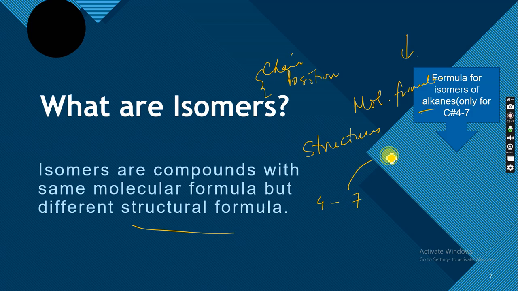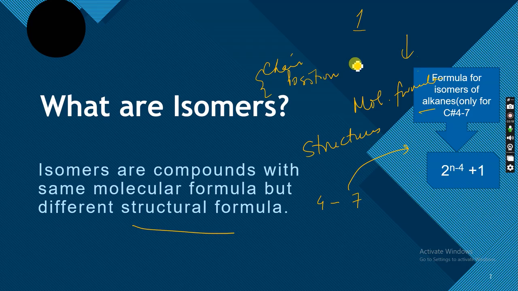From 1 to 3 there are no isomers, there is only one structure. But from carbon number 4, that is butane, till carbon number 7, that is heptane, you can use the formula and find out how many isomers there are.